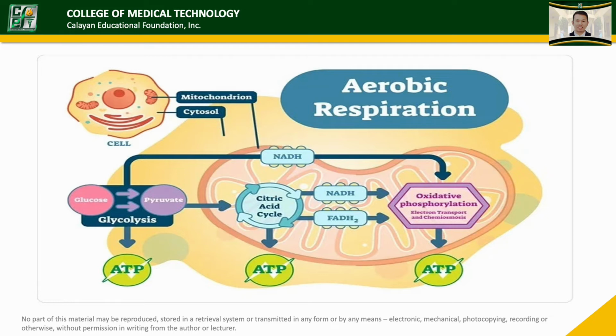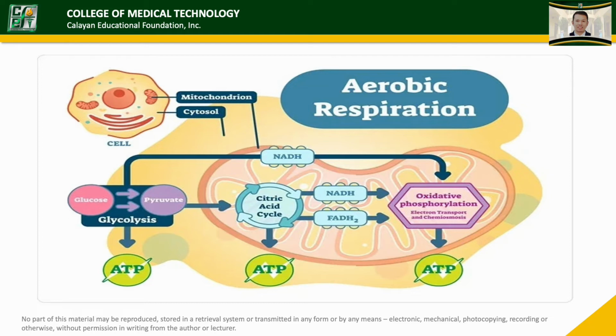As you can see on the illustration, the stages of aerobic respiration happen in different parts of the cell. For example, glycolysis, the basic stage, happens outside the mitochondria.